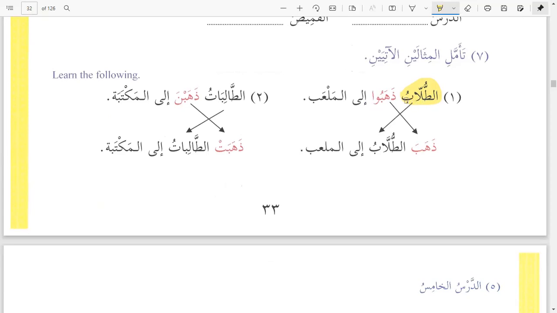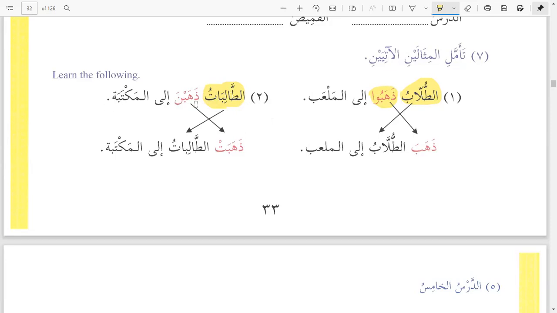So you see here, at-tulabu zahabu. If the subject, or the mubtada of a nominal sentence, is feminine and plural, we will use the feminine form of the verb. At-talibatu zahabna ilal maktabati.